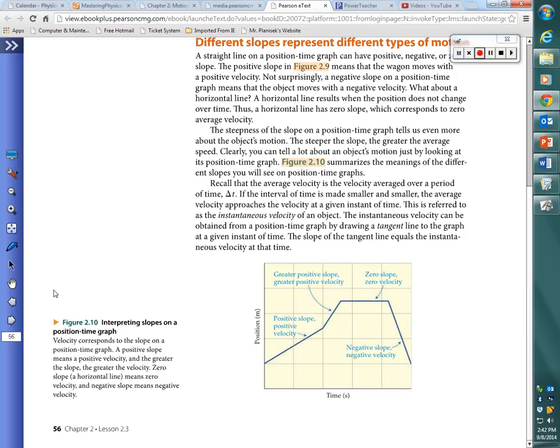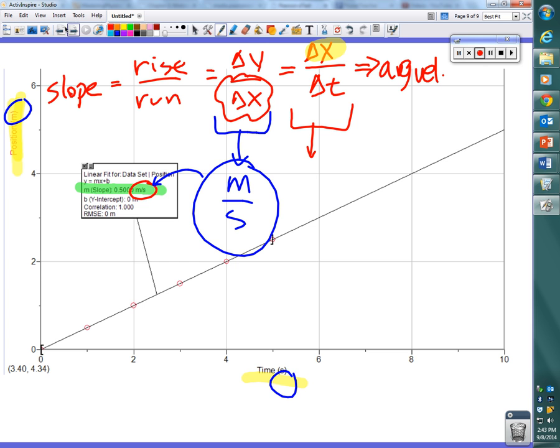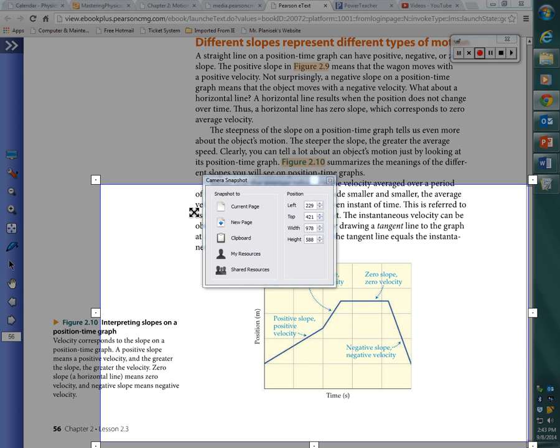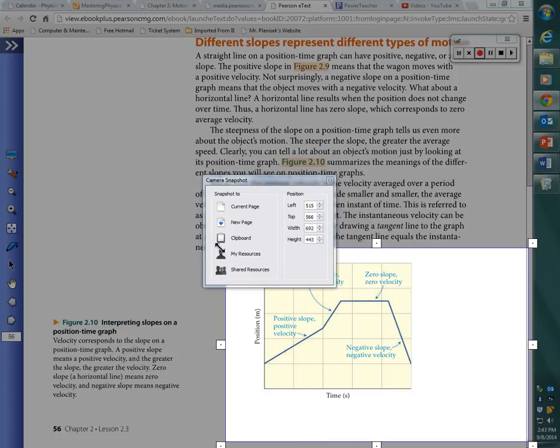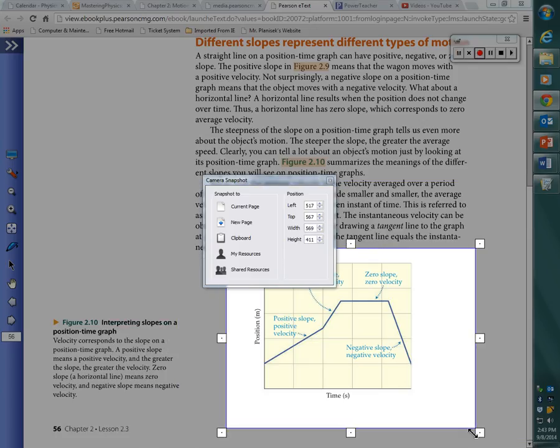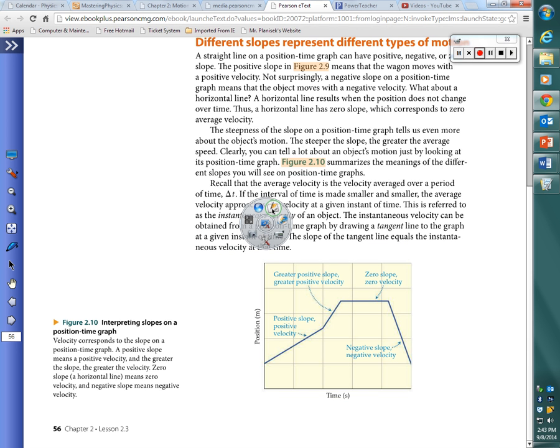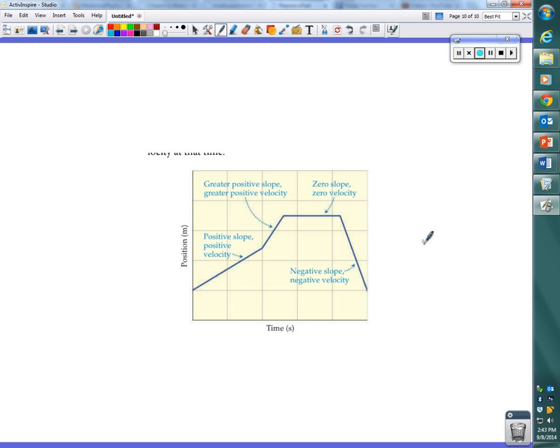All right, let me do this actually. All right. So this is the graph on page 56.